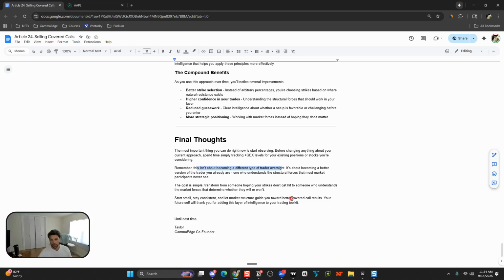One who understands the structural forces that most market participants never see because they don't pay attention to the options market, which has significantly grown over the past decade and is pretty influential in moving markets on a day-to-day basis. Right. And the goal is simple, transforming you from someone who's hoping your strike doesn't get hit, because hope is not a risk management strategy, to someone who understands market forces that determine whether they will or they won't.